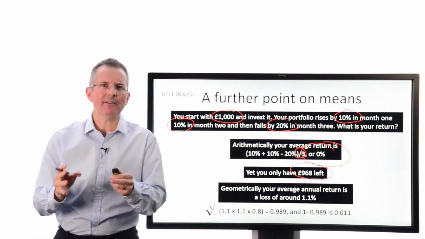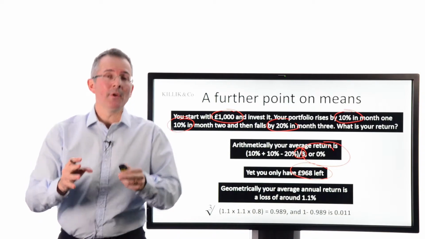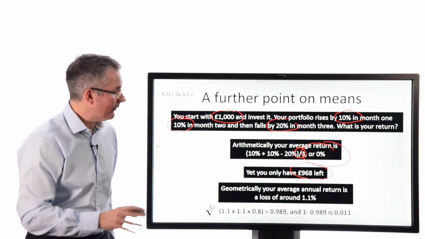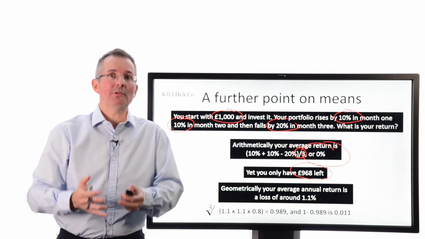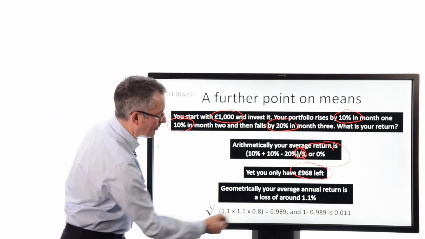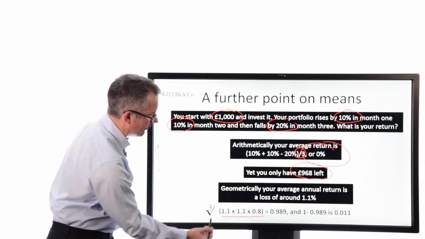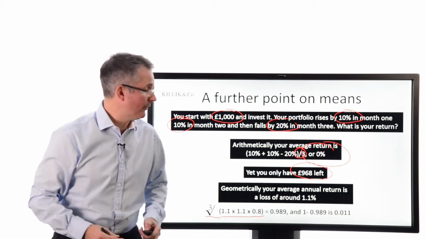So why is the arithmetic mean telling you your average return is 0 when it isn't? Well, the way to get to your average monthly return is something called the geometric mean. I'm not going to go through this in a lot of detail because no one wants to watch a maths video from me, but the principle is this. You take your 3 data points, combine them together. Because there are 3 of them, you take the cube root. If there were 2 of them, you take the square root and so on.